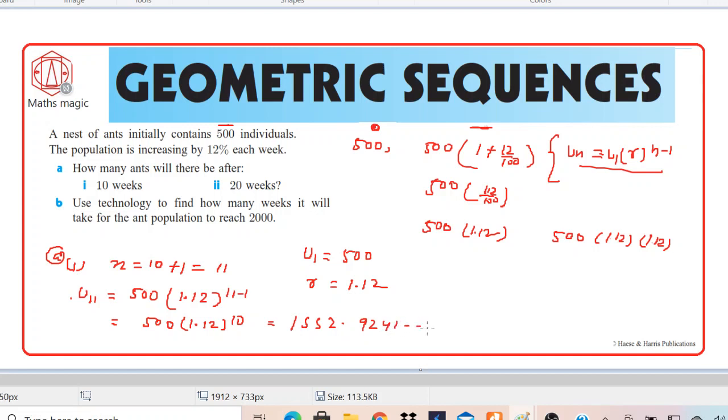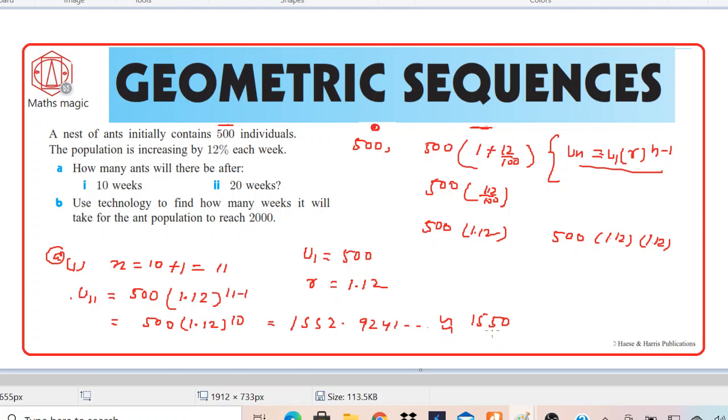So we can estimate this population roughly as 1552.941. We can roughly say that this population is 1550. We have just roughly estimated it.